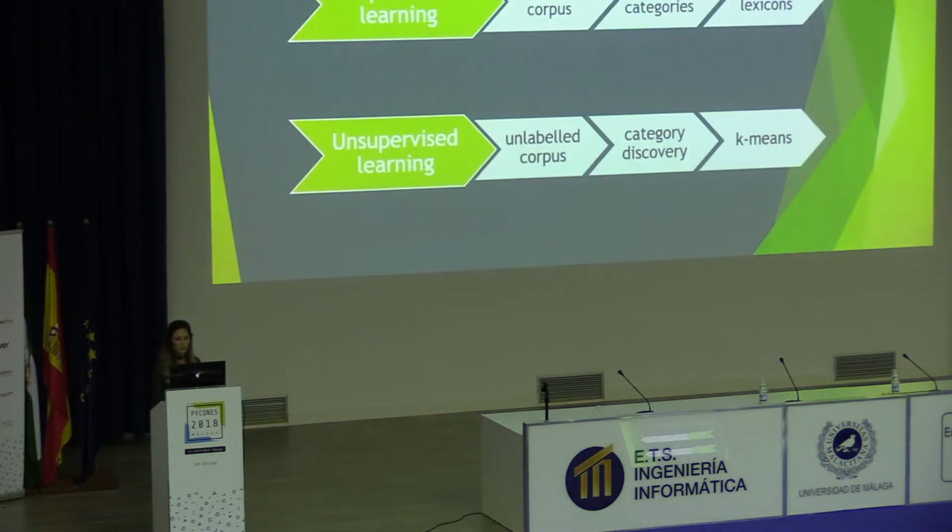It's very straightforward. There are two main strategies: supervised and unsupervised learning. Supervised learning, I usually do that because I need really high accuracy and high precision. So I use dictionaries, regular expressions, rules, and grammars. So you have labeled corpora, you have examples, you have predefined categories, and you usually work with sentiment lexicons because they are labeled.